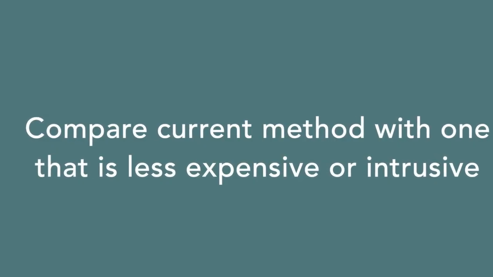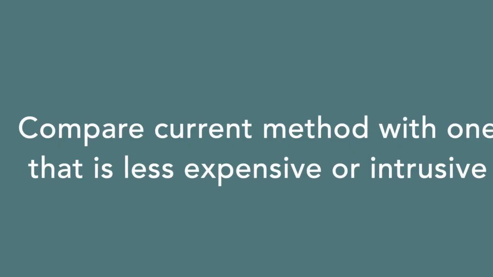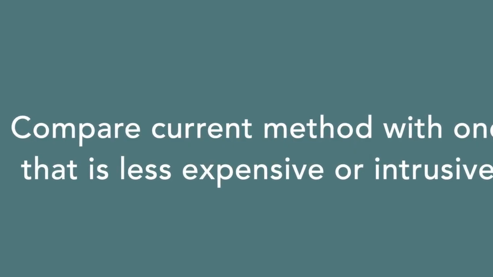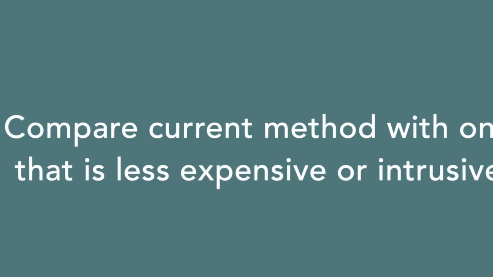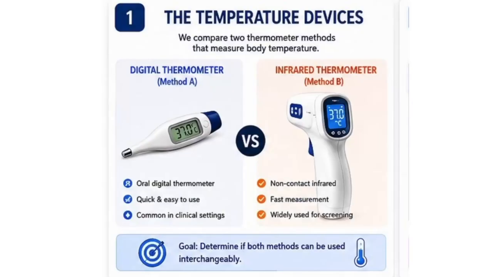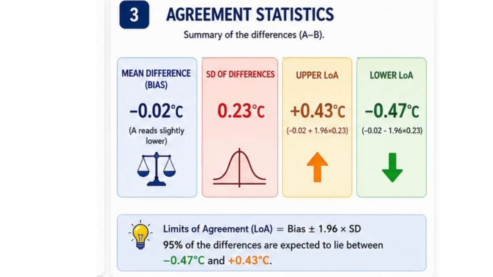Say you have an intrusive measurement system and you want to compare that with one that is less expensive or less intrusive. Let's pick temperature measurements, for instance. If you have a current method, but then one that is promising to be quicker, less expensive, and less likely to cross-infect, then the researchers will be willing to adopt the new method if the temperature difference from the current method is no more than, say, 0.8 degrees Celsius.